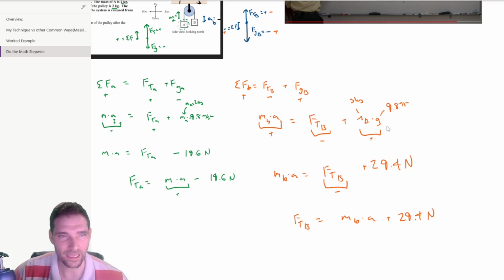We do have the MA and the MB. We could plug those in here. That would totally be fine. So why don't we do that? It's going to be 2 kilograms times A, the acceleration of A, minus 6 newtons.